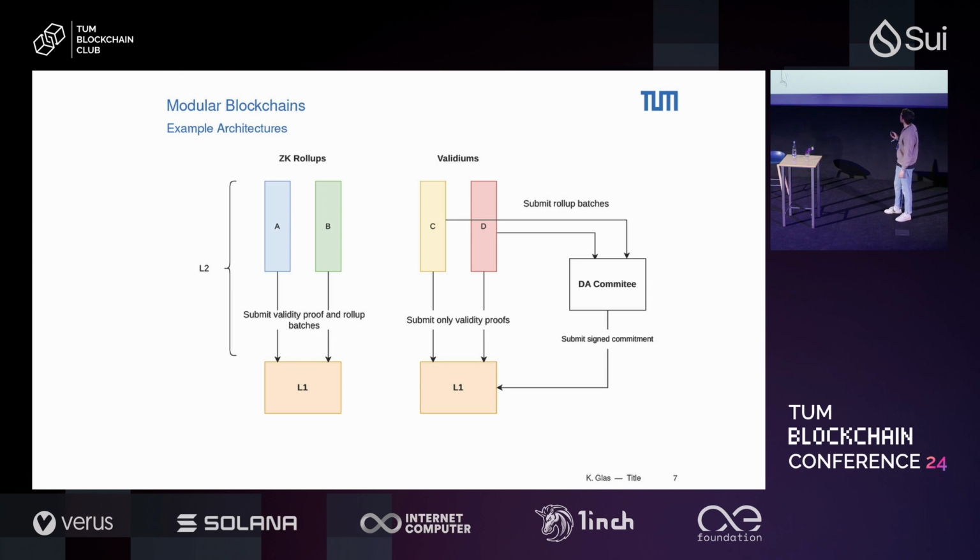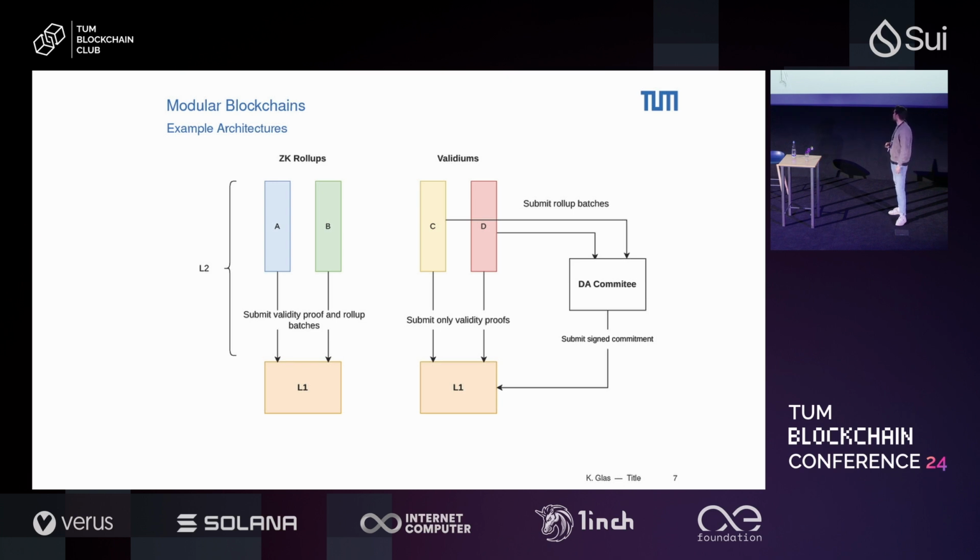In the second approach, validiums, the idea is very similar, except that we now have a data availability solution that lives off-chain, which is a data availability committee: a bunch of nodes that submit a commitment to the blob data to layer one, and also sign it. If all of them sign it, then on layer one we believe them that the data is available.